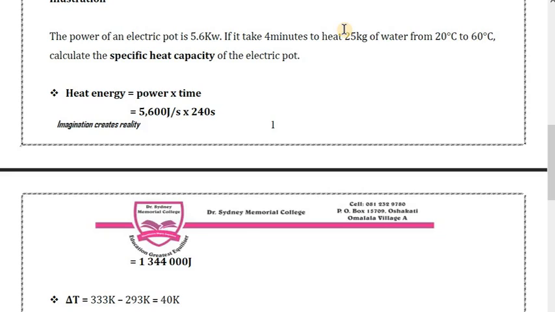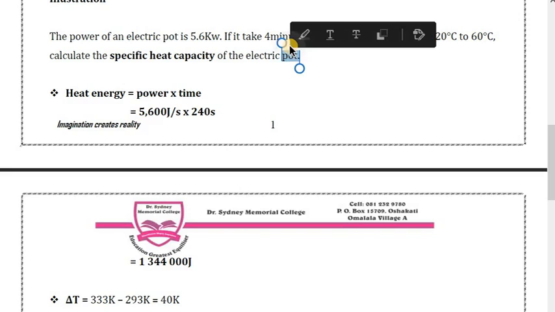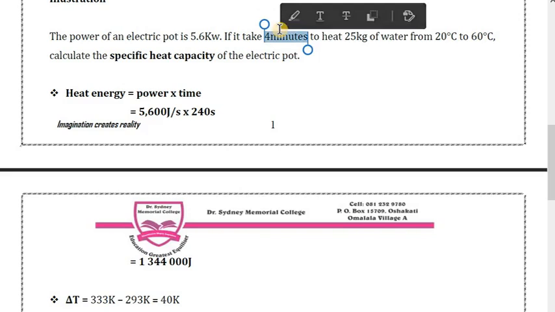So the unit for power is the watt, and that watt is equivalent to joules per second. If you want to put it back to joules, it means you have to multiply by seconds. And here you have been given 4 minutes.